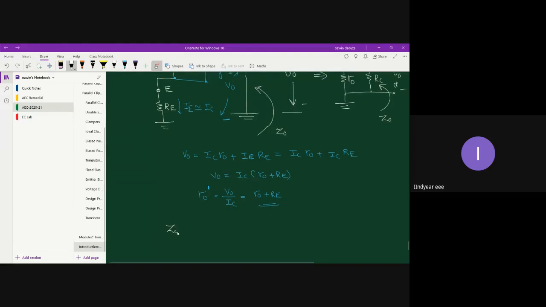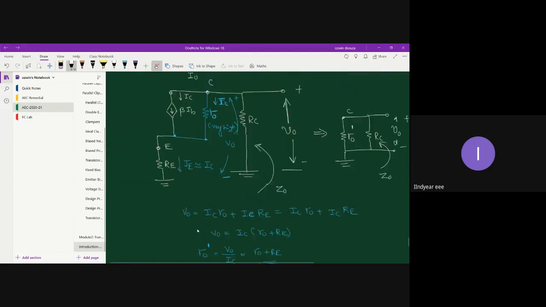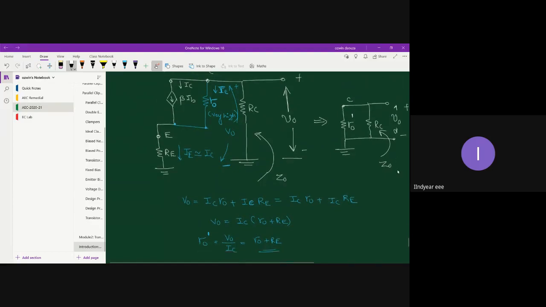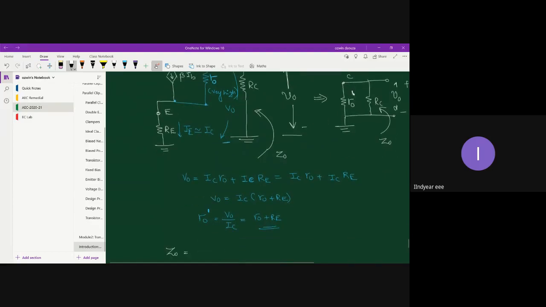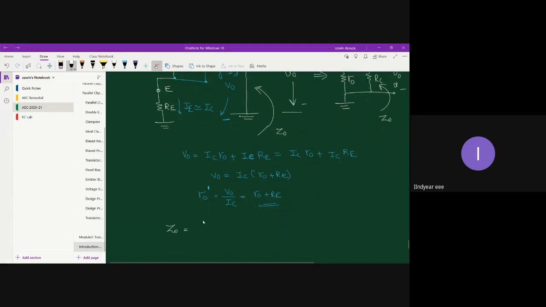So what is my output impedance Z0 in this case? Output impedance Z0 is nothing but the impedance measured from collector to ground. So between collector and ground, you have the two resistors appearing in parallel. So it is going to be R0 dash parallel with RC. That is your exact expression.